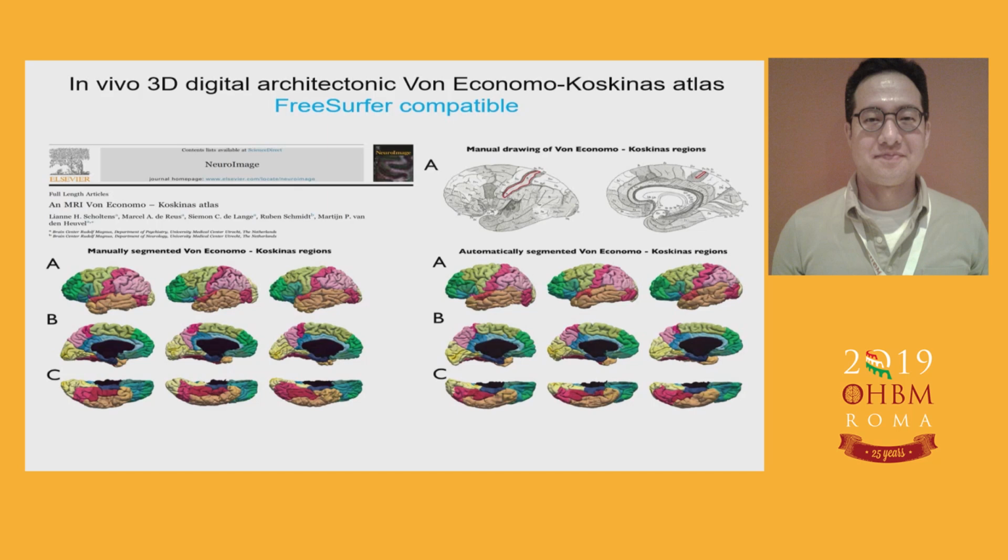So you can imagine if you have a new subject, you just perform FreeSurfer and apply a couple of additional command lines, then you can directly have this von Economo and Koskinas parcellation. This is really useful, because if you have new MRI-derived features, you can directly correlate those cytoarchitecture information, such as cell density or size or layer-specific thickness.